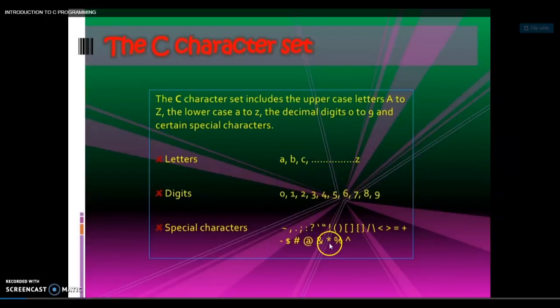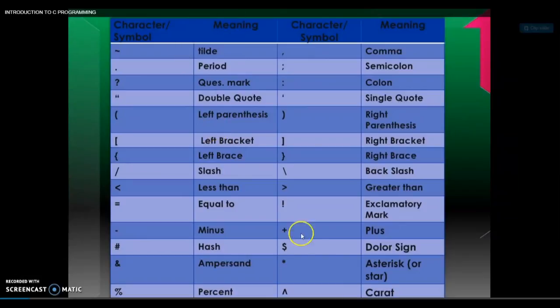These are given here: dot, semicolon, colon, parenthesis, angular brackets, less than, greater than, equal to, at the rate, and so on. Each has a different use. These are the character symbols.